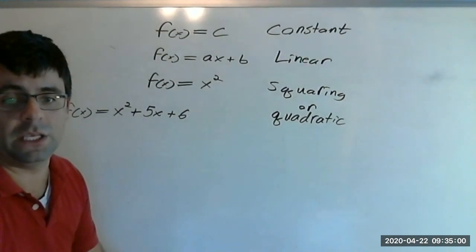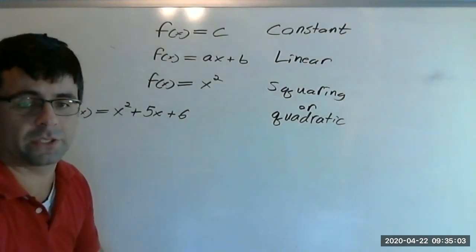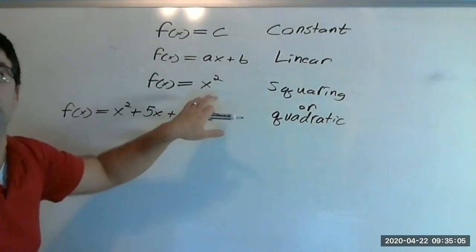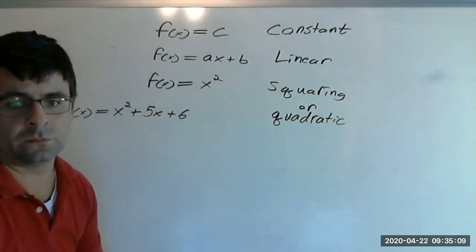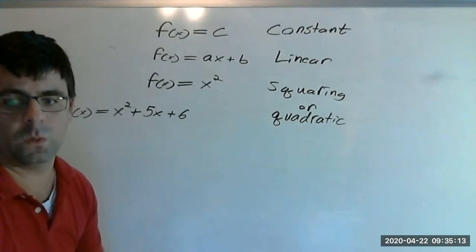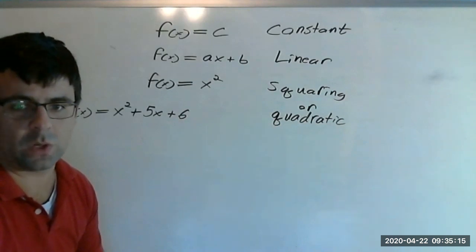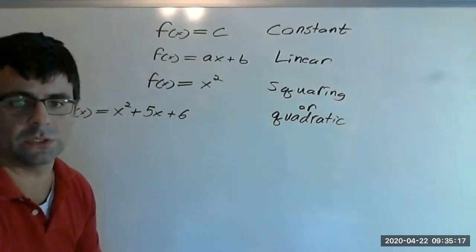But the most basic version, or the parent function, is just x squared. All right. So we'll just talk about some qualities before we get into any math of it.